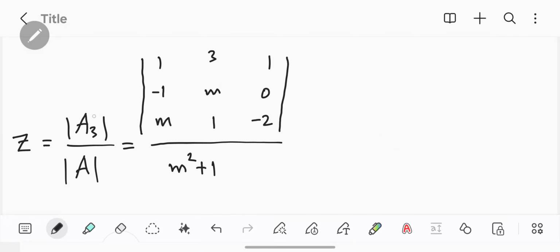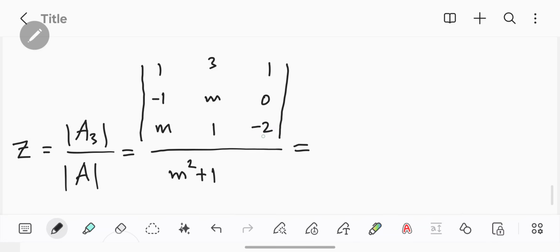So I have written z is equal to determinant of A3 over determinant of A. Okay, again, I can check. This is the column in which the last element is non-zero, but this is 0.